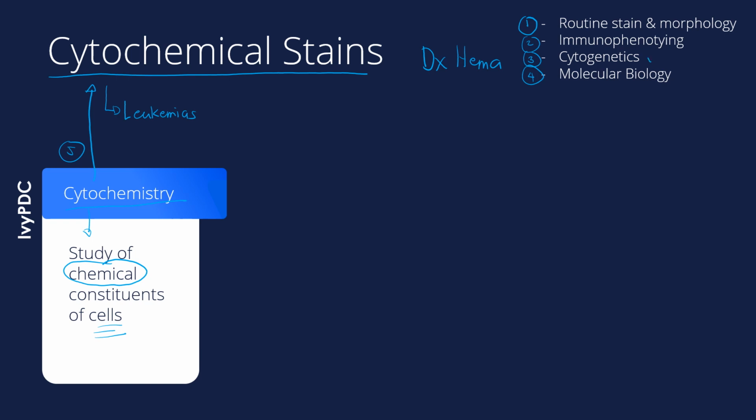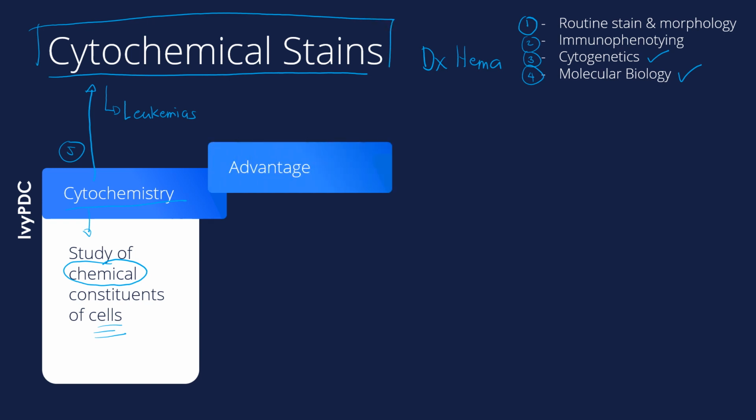Techniques such as cytogenetic analysis and molecular testing are now commonly used in the diagnosis of leukemia. However, older techniques such as the use of cytochemical stains still retain their importance because of their different advantages.